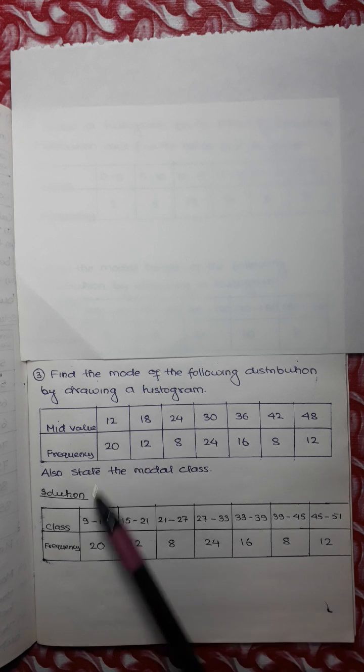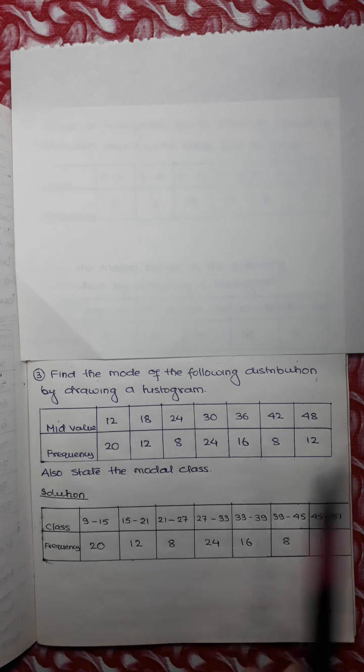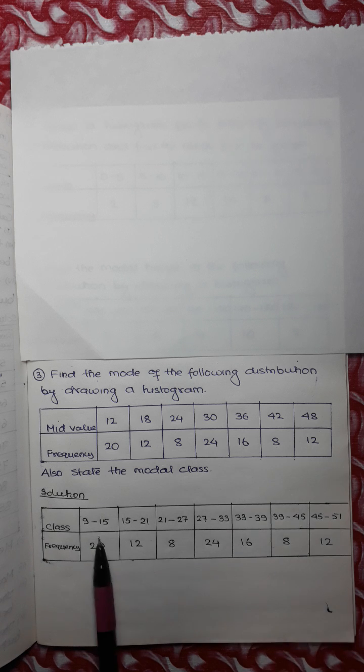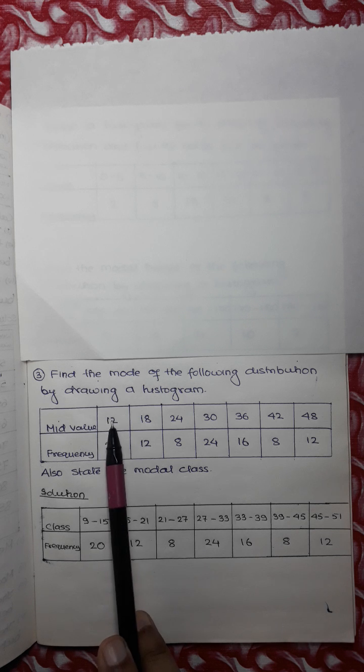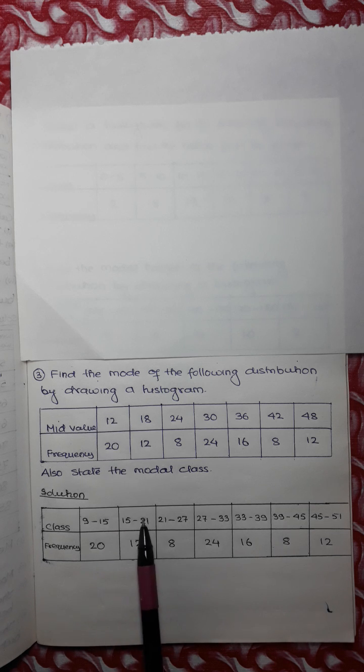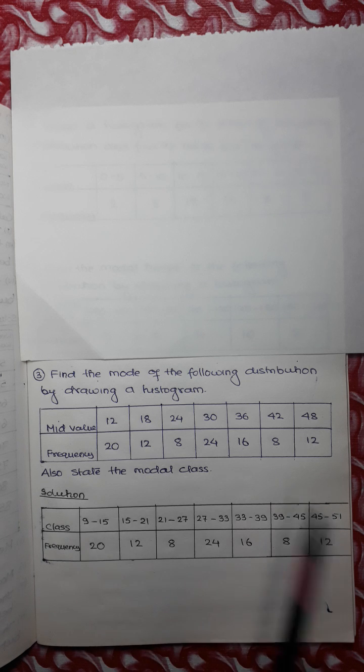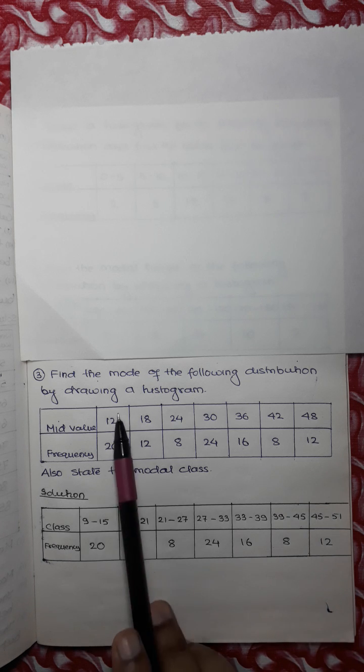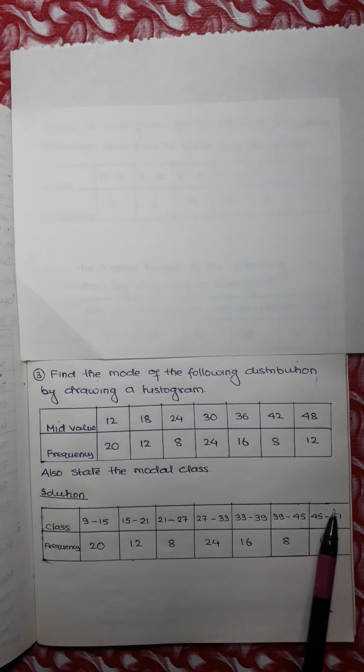So you can see the mid value, you know how to find the mid value. If you add these two, 9 plus 15 is equal to 24, 24 divided by 2 equal to 12. 15 plus 21 is equal to 36, 36 divided by 2 is equal to 18. Okay, so this way it is arranged. Now we can draw the table like this.